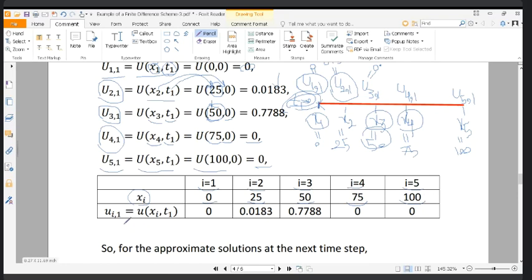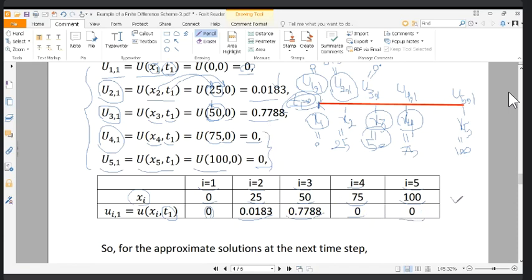Based on this computation, we have u of i and 1 equal to u of xi and T1. Based on the initial condition, we have 0 for i equal to 1, 0.0183 for i equal to 2, 0.7788 for i equal to 3, and 0 for i equal to 4 and i equal to 5.